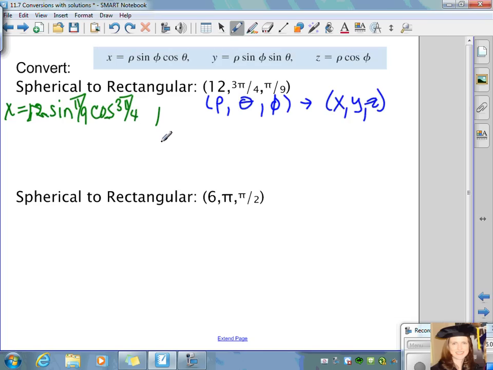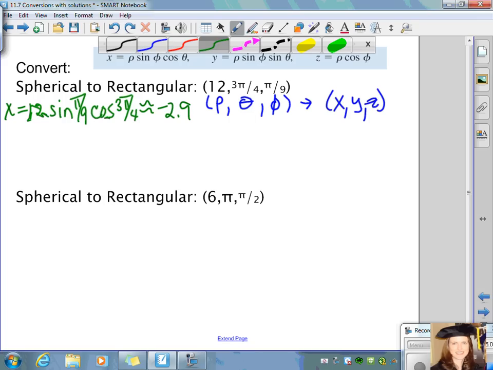All right, so x equals 12 sine of pi over 9 times the cosine of 3 pi over 4. That is going to be approximately, if you use a calculator in radian mode, negative 2.9.